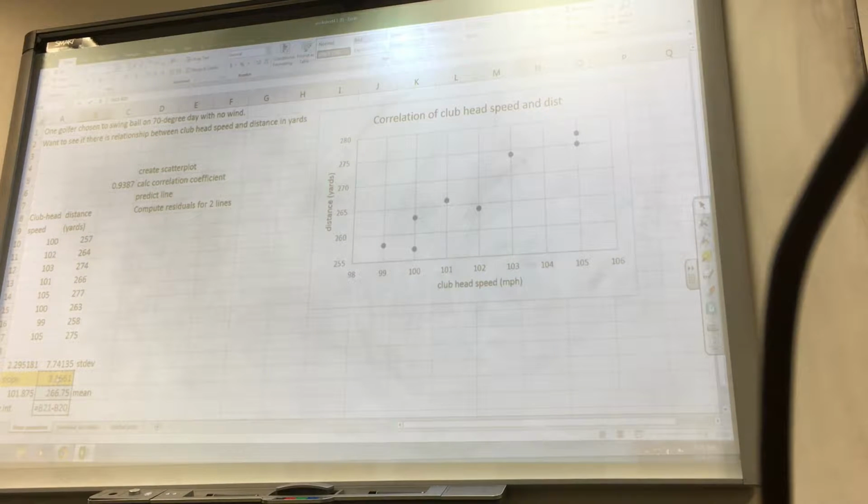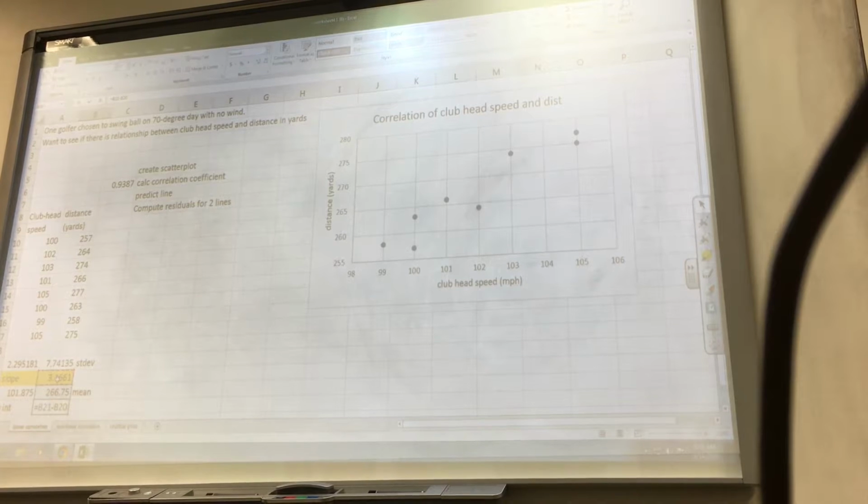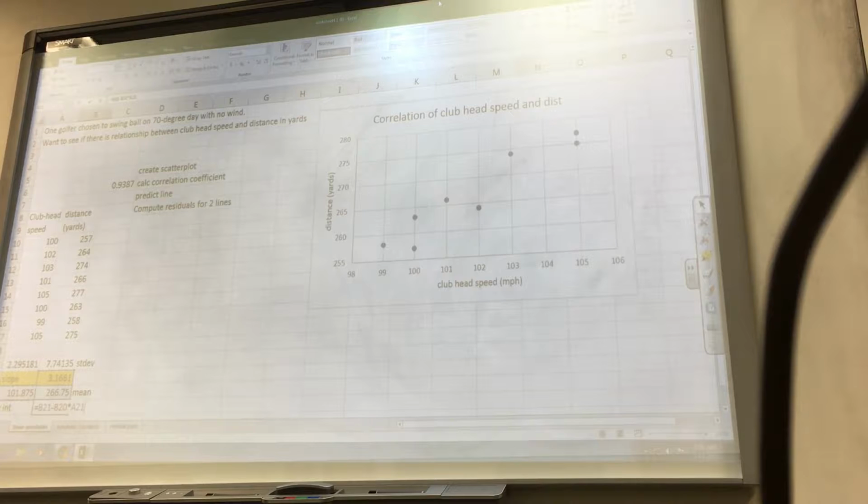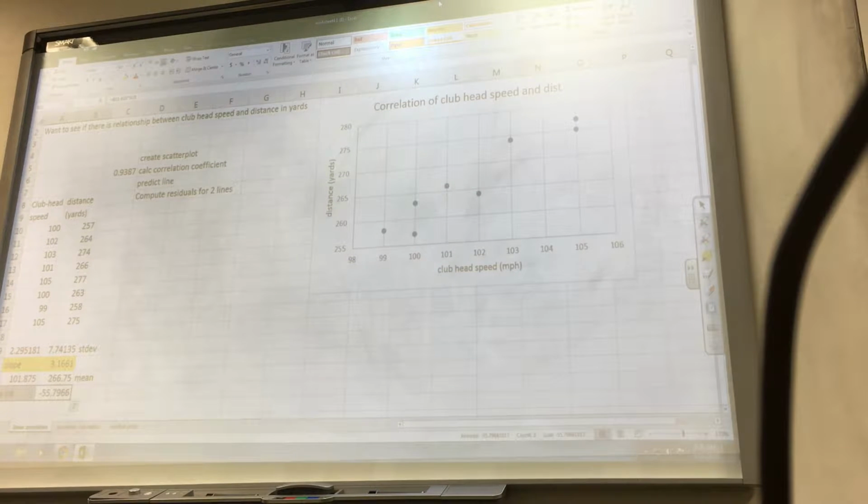And what am I going to do next? Multiply by x bar, which in this case is 101.875. So I found my slope and my y-intercept.